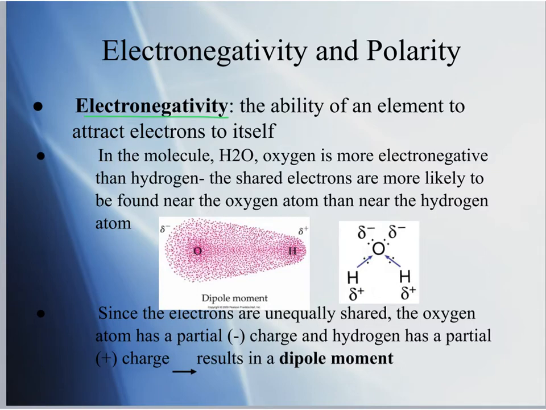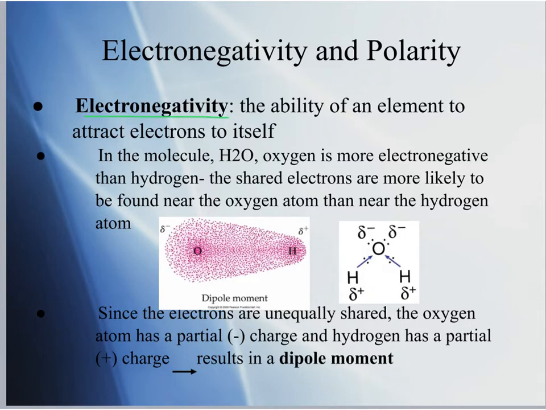I either have or I will put up on Canvas the electronegativity chart for the elements on the periodic table. Okay, so I've got a periodic table that has little electronegativity values in the lower right-hand corner of each element box. I'll put that up, or an actual chart of electronegativity, so you can reference that.